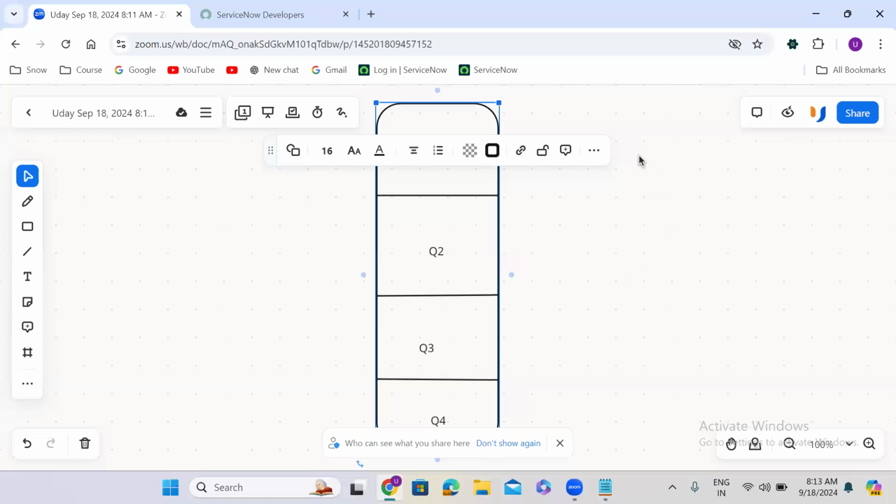Again, you divide this quarter into four parts. You have divided this year into four quarters, right? Divide each quarter into four parts.